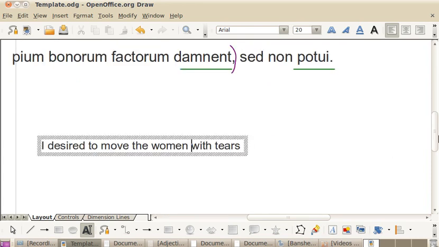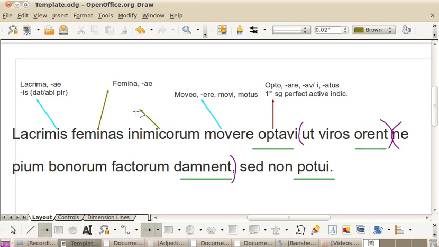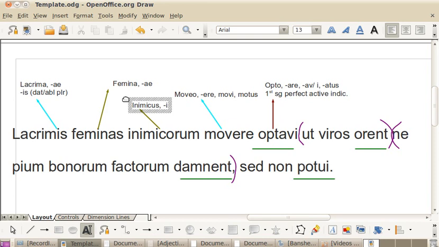Now, there's only one other noun left, and that's inimicorum. So let's see what we can do with that. If we look up inimicorum, we see inimicus, inimici. Now that has two principal parts as well, so we know it's a noun.